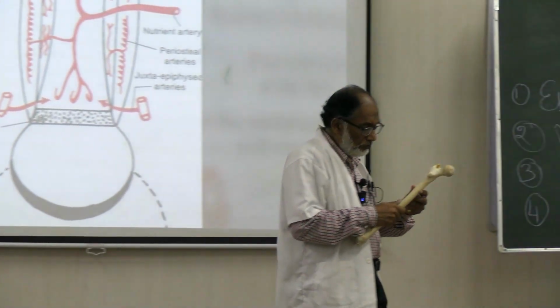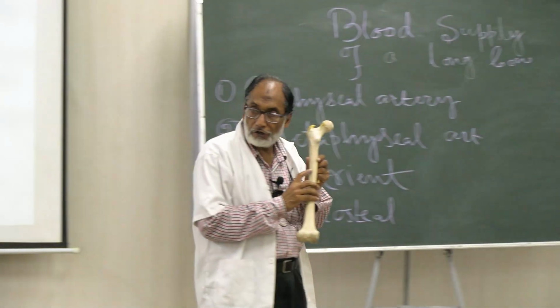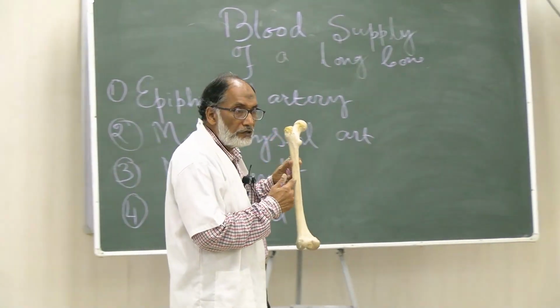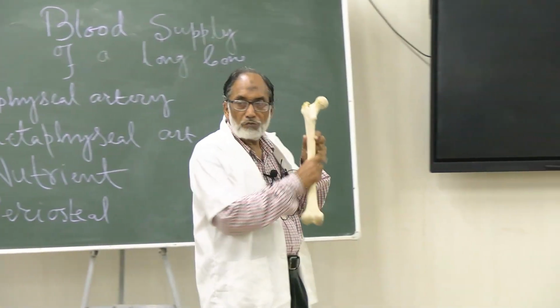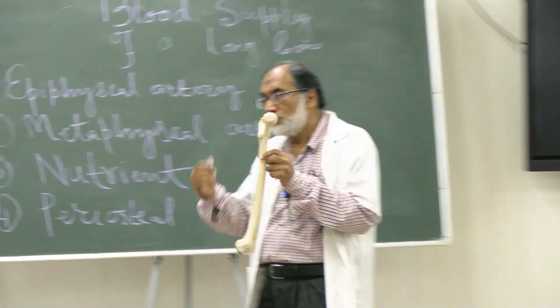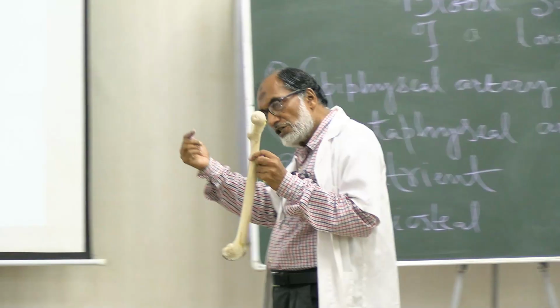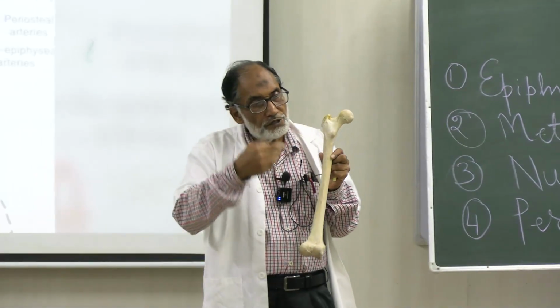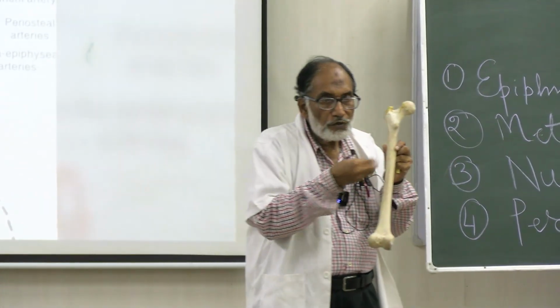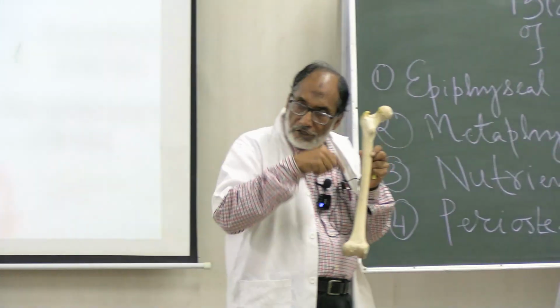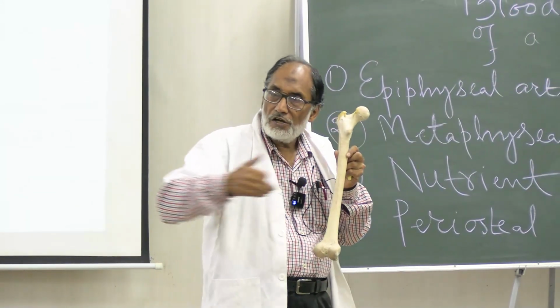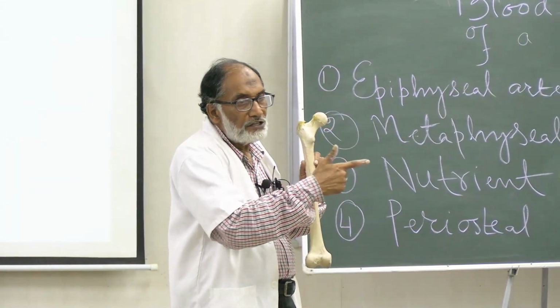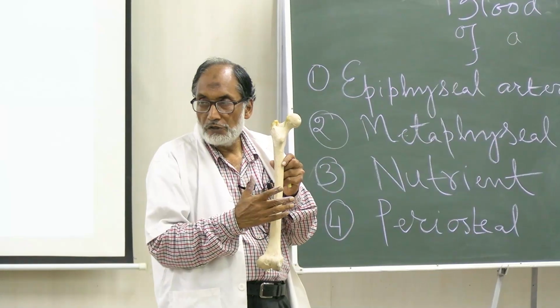You can see the foramen of the nutrient artery. You know the outer covering of the bone is periosteum. So the nutrient artery first pierces the periosteum, then through the nutrient foramen it enters into the bone, traverses the nutrient canal, and then enters into the medullary cavity.